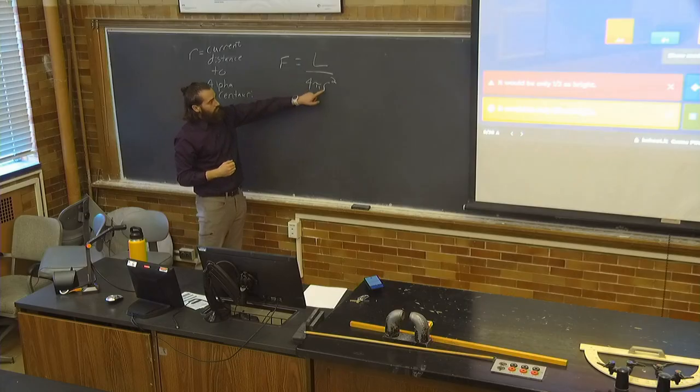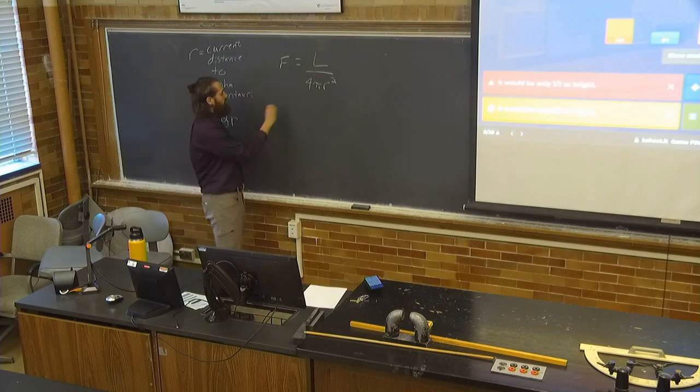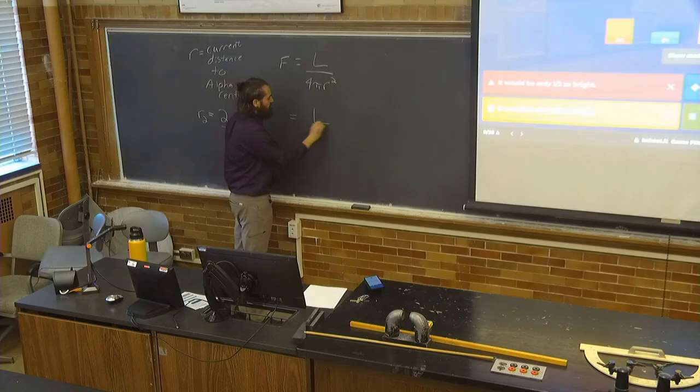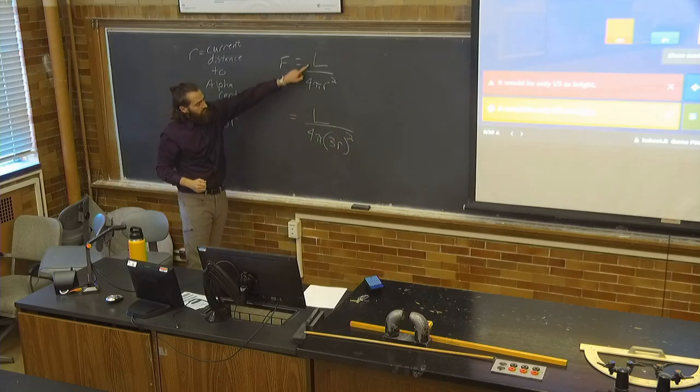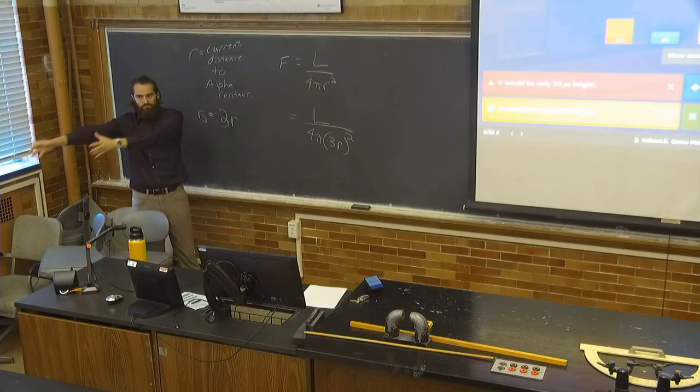So if you just use the current distance, we'll get this variable F. But what do we get if we instead replace the r with 3r? So the luminosity of the star isn't going to change. We just took the same star, picked it up, and moved it farther away.